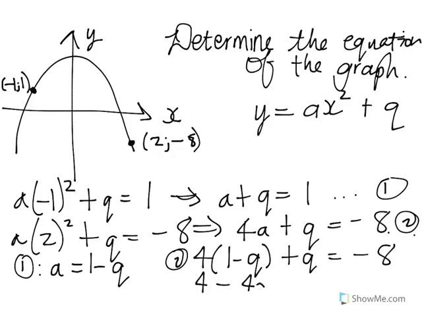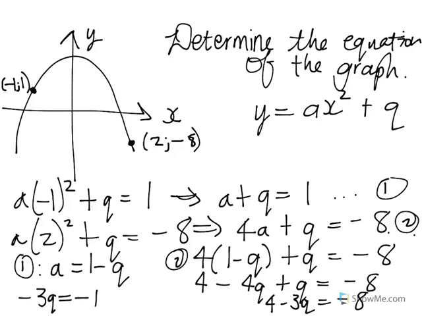And so 4 minus 4q plus q is equal to -8. 4 minus 3q is equal to -8. So we have minus 3q is equal to minus 12, and q is equal to 4, which visually makes sense, right? Our graph has shifted upwards, so it makes sense that q is a positive number.